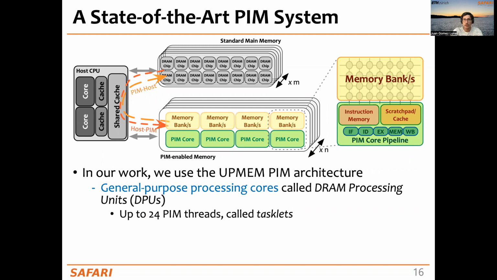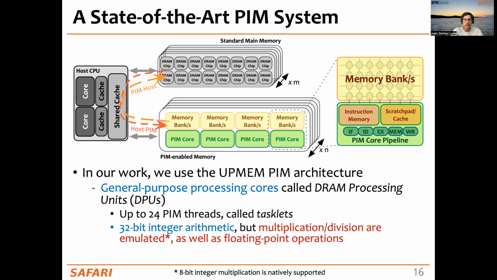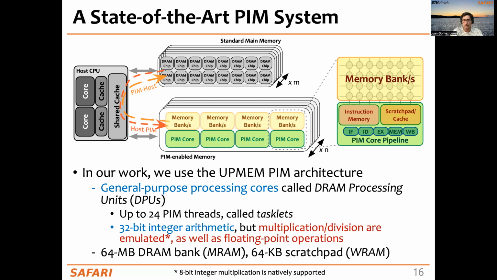Each of these PIM cores can run up to 24 PIM threads that are called tasklets, and they support 32-bit integer arithmetic, but they don't support multiplication or division or floating point operations. Each of the DPUs has access to its own DRAM bank that is called MRAM and its own scratchpad that is called WRAM.